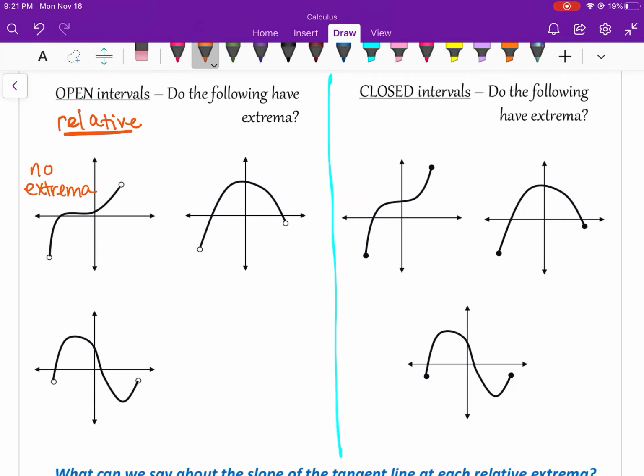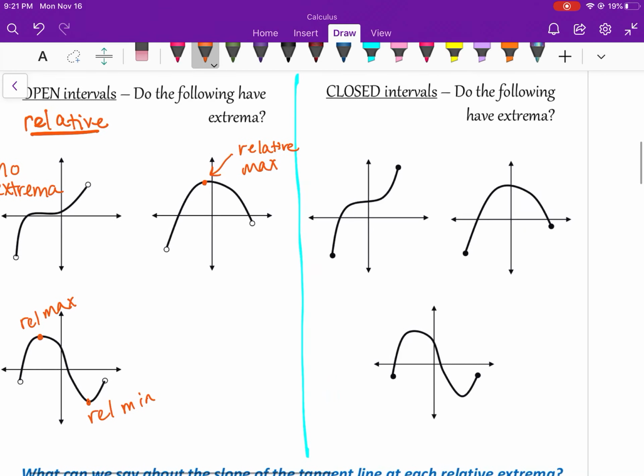This one has a place somewhere in here that is a maximum, but because this is an open interval, I would say this right here represents a relative maximum. Likewise over here and here, I would have a relative maximum and a relative minimum.